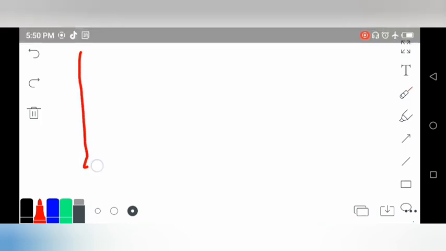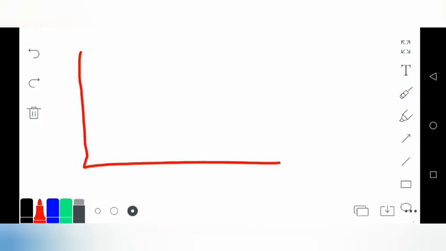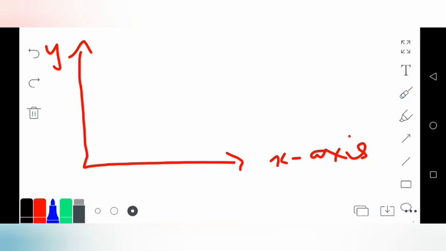Since we're talking about graphs, you can have a graph like this one, where this is the x-axis and that is the y-axis. From 0, you can have the motion of an object starting from 0, then going like that, then going like this.